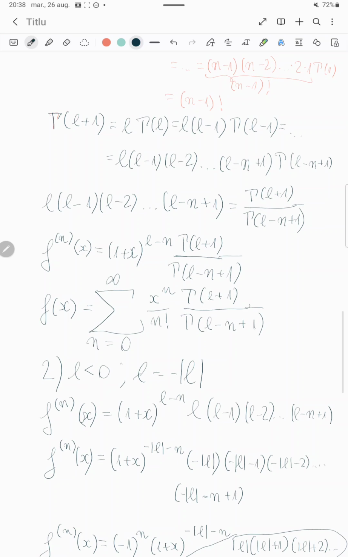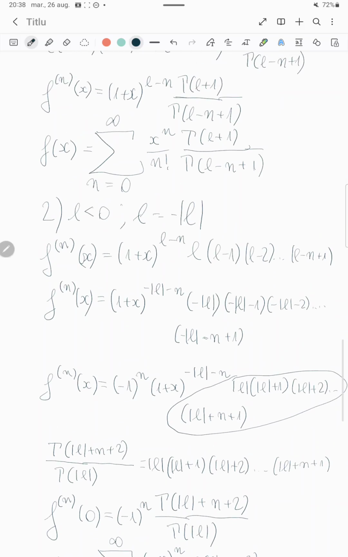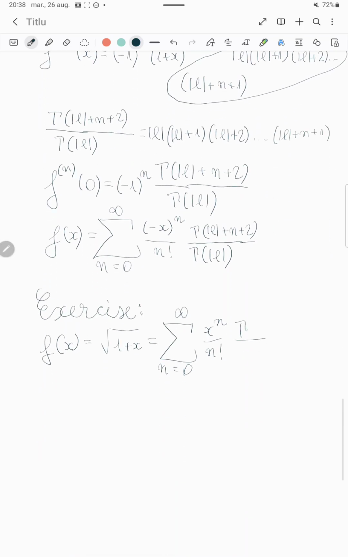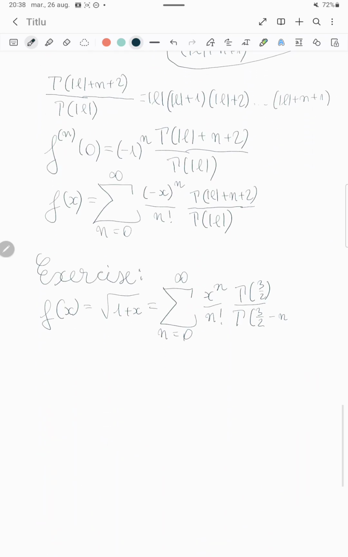So according to what we've done here, this function can be Taylor expanded as a sum from n equals 0 to infinity of x to the n over n factorial times, here our L will be 1/2, so we'll have gamma of 3/2 divided by gamma of 3/2 minus n.